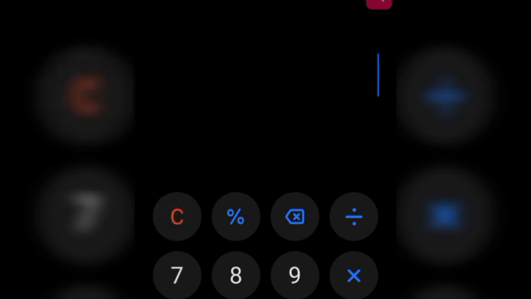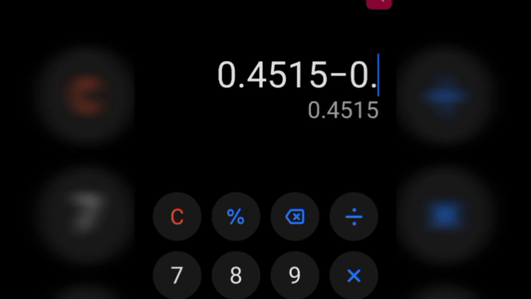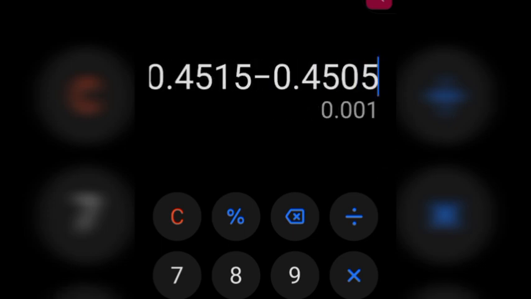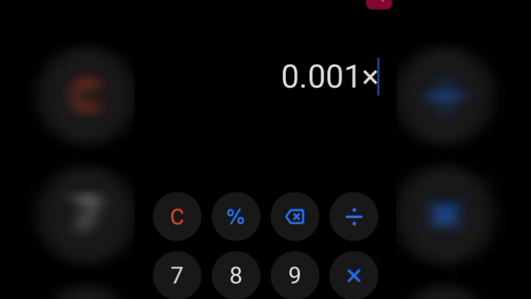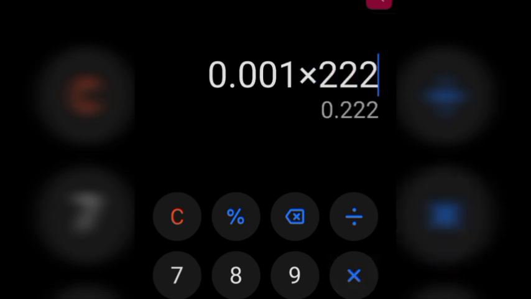So 222 pieces times, remember, let's do the mathematics together. It's 0.4515, let me use that, minus 0.4505. What do we have? You can see that is 0.001 times 222. So it equals 222 times 0.001.